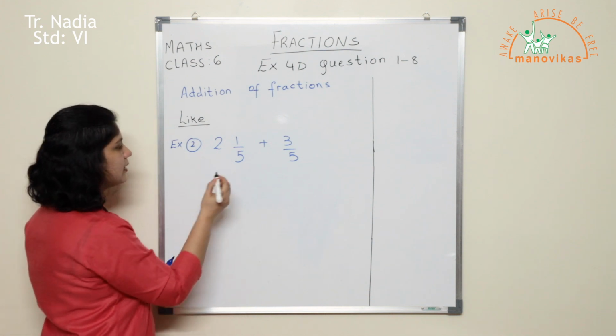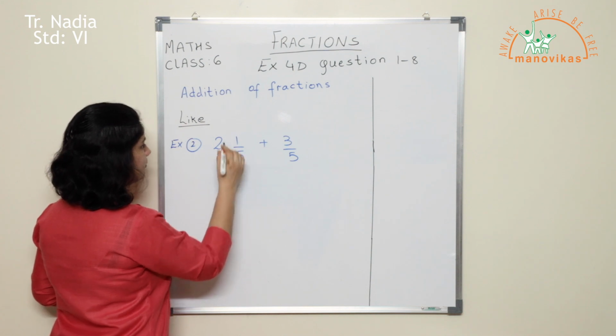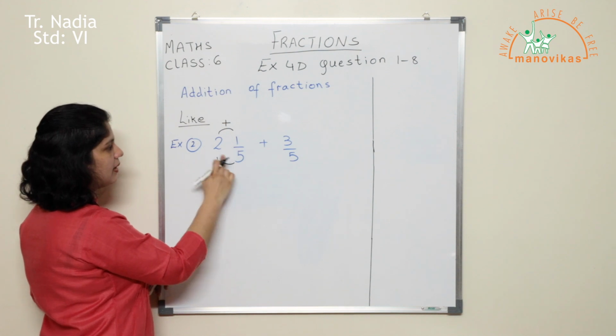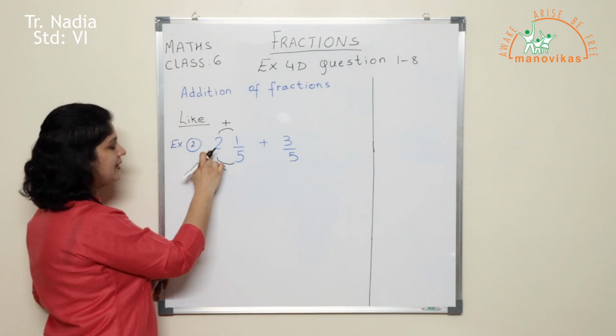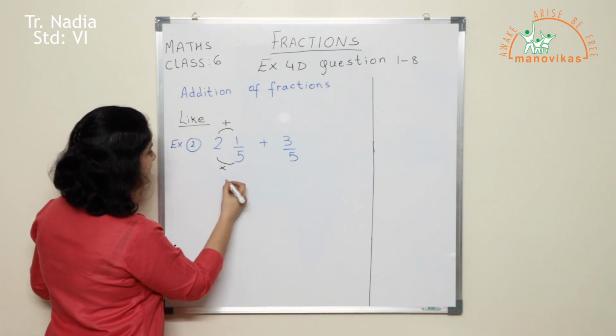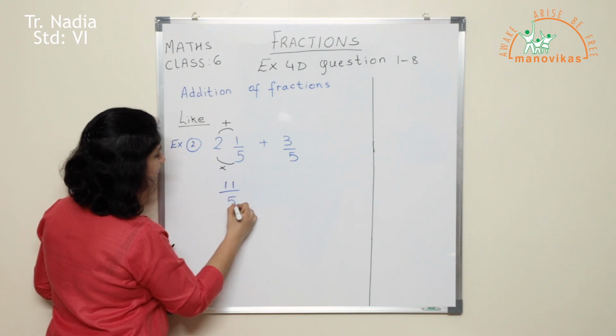So how do you convert a mixed number into a fraction? I have already taught you how to follow this method. So 5 will multiply by 2, that will be 10, plus 1, so that will be 11. So this mixed number when converted into a fraction will give us 11 upon 5.